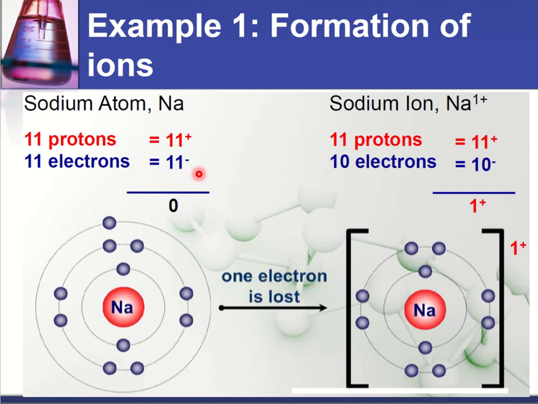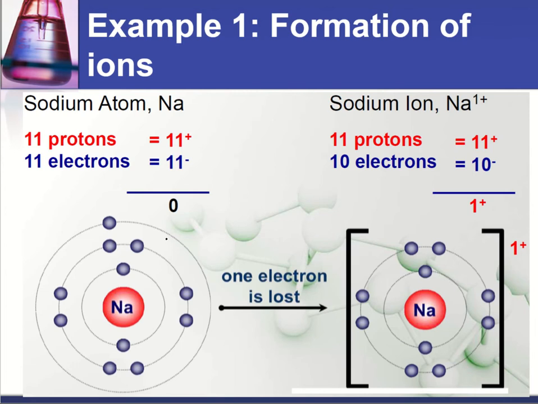If I've lost an electron, meaning I've lost a negative charge, that means I only have 10 electrons compared to 11 protons. So overall, I have a net +1 charge here. Now, if you actually look at the diagram down here, you can see where that electron has gone.